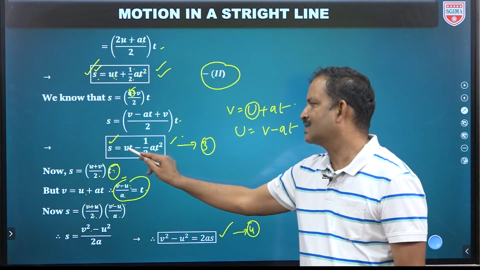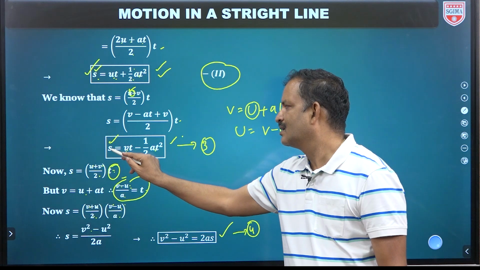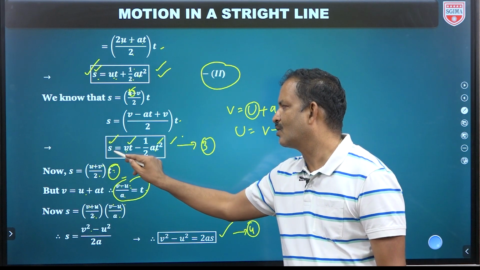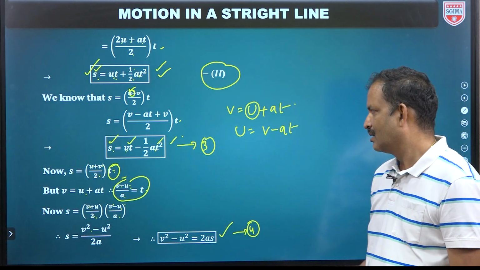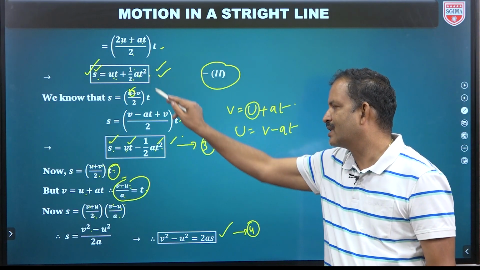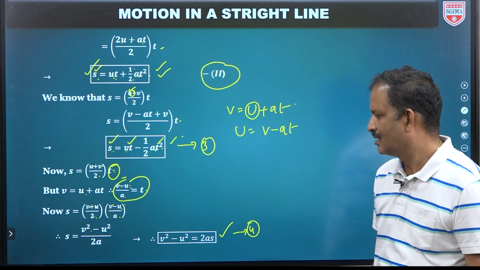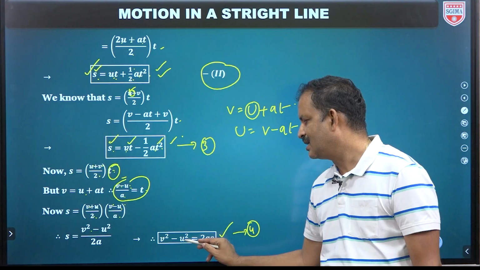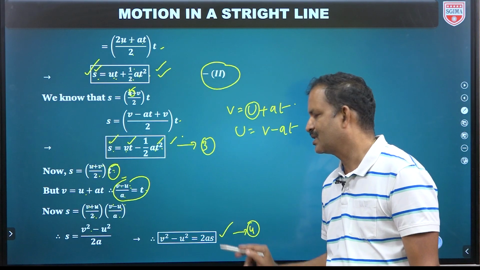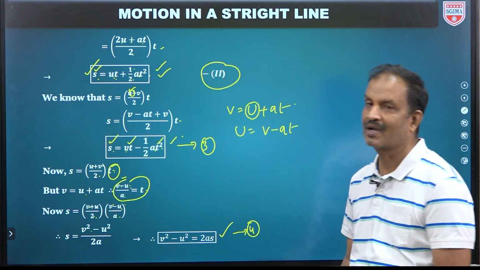If final velocity and acceleration are given, displacement is equal to vt minus half at square. In these two cases, time is given. But here, final velocity, initial velocity, acceleration and displacement are given, so you have to use this formula.